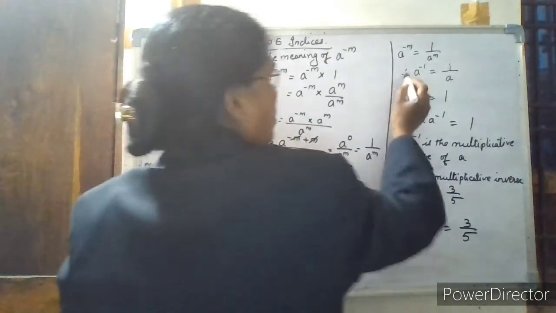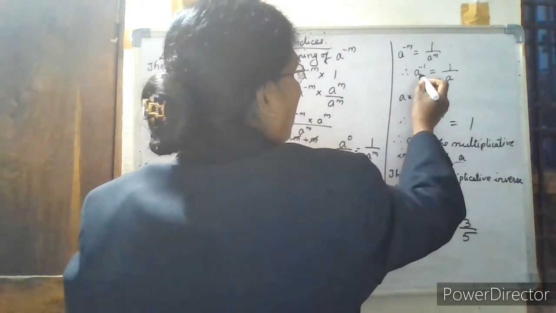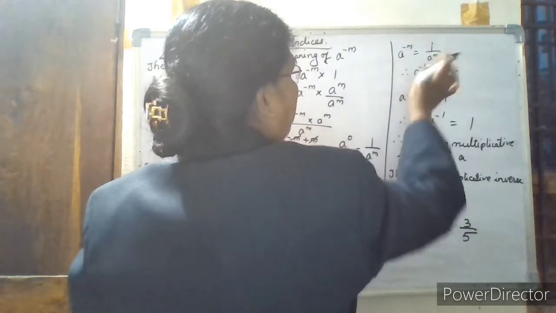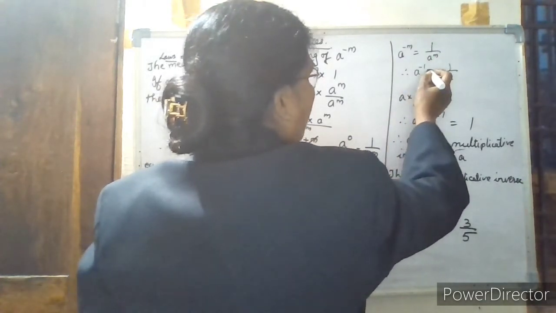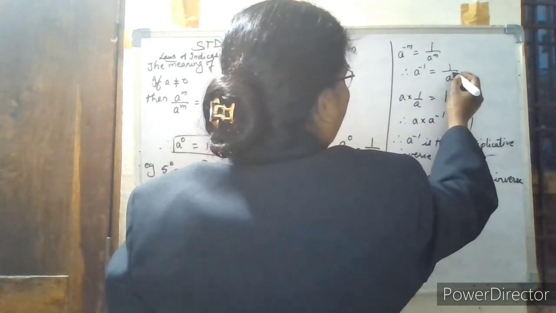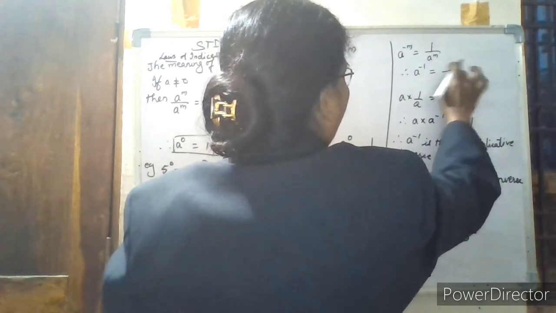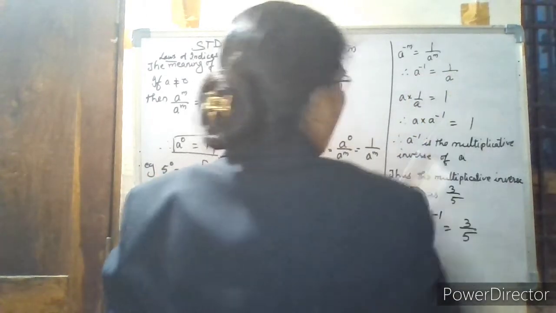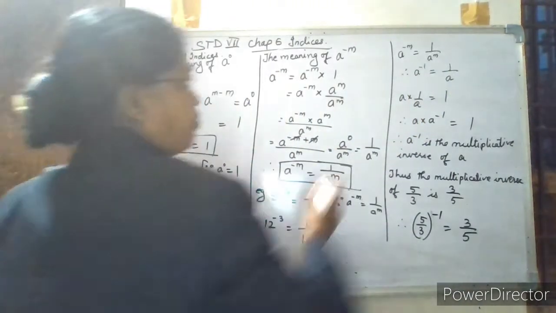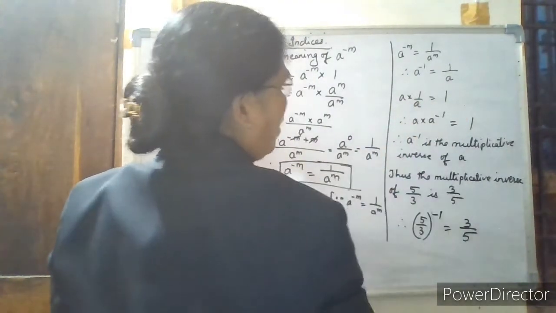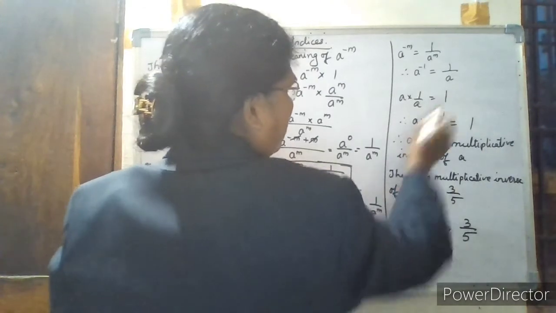If I take m as 1, then a raised to minus 1 is equal to 1 by a, because we don't write the 1. Therefore, a raised to minus 1 is equal to 1 by a. Now, a into 1 by a is equal to 1. Both cancel, and it will be equal to 1.